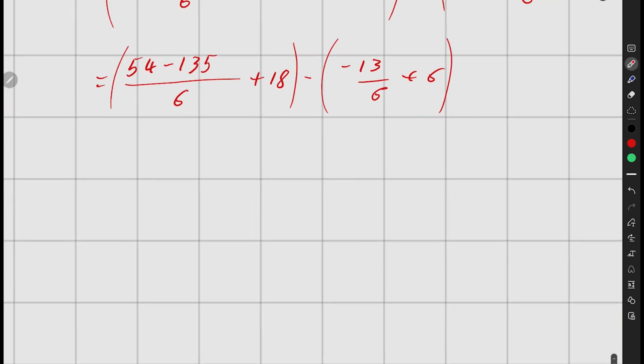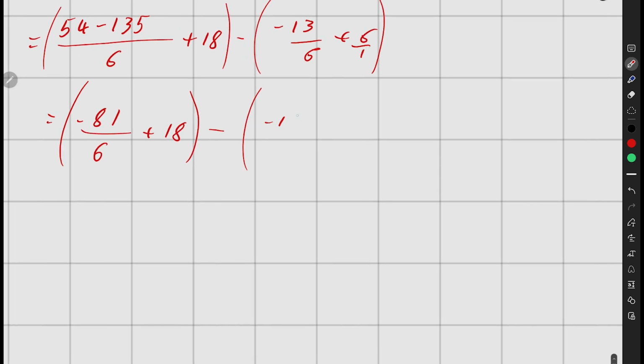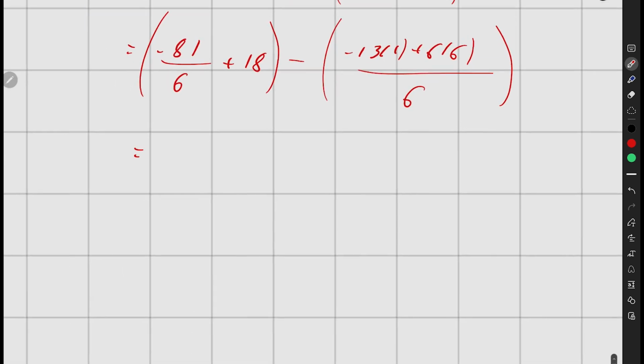Okay, so let's work this out. That's going to equal minus 81 divided by 6 plus 18 minus 6.